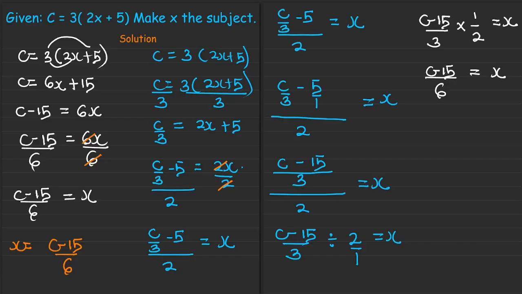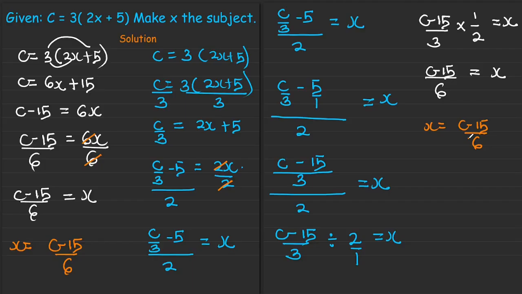Now, if you look at the previous one we did, you realize that the answers are the same. That is, x is equal to c minus 15 over 6. So, as I said earlier on, you'd expand the bracket when necessary. As we have seen in this case, if the coefficient of the variable you are looking for, or you want to make the subject, is 1, you can easily divide.